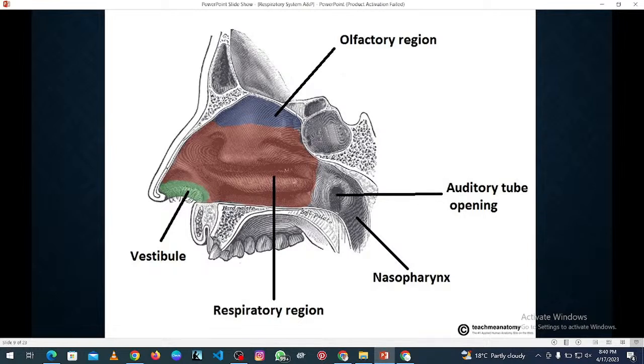And then we have the auditory tube. It's an opening to our ear. This one here is called the eustachian tube.